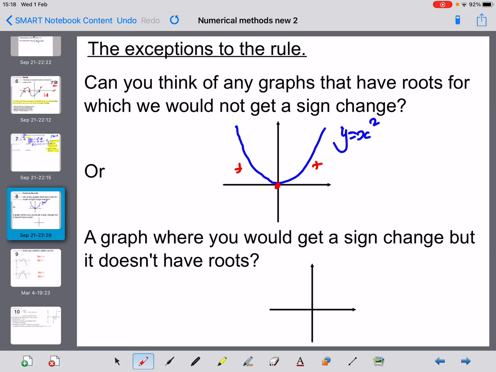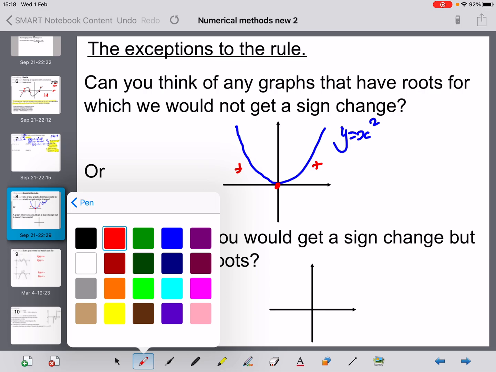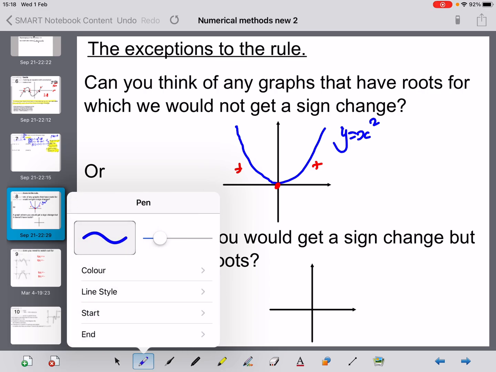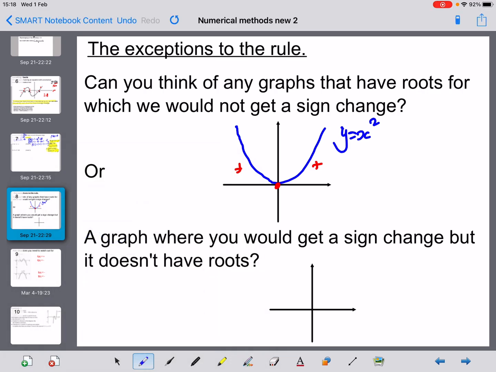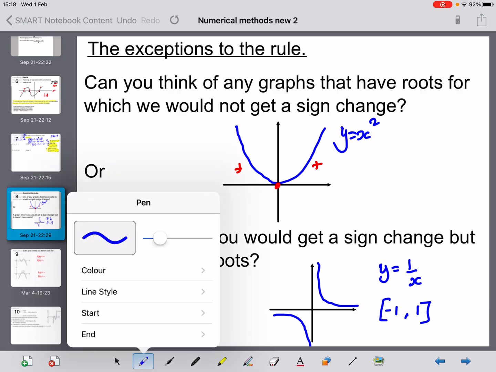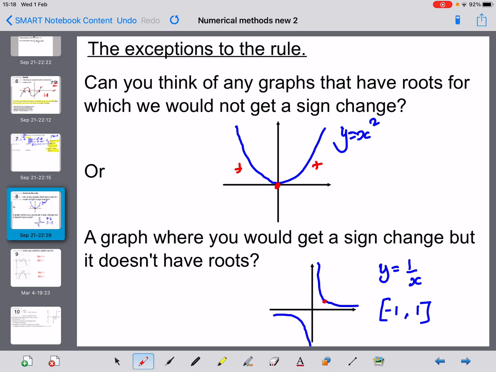Again, I can think of one. Can you? The one I'm thinking of is that. That's y equals, could be 1 over x, for example. In the interval minus 1 to 1, that would give a sign change. 1 is probably around about here.